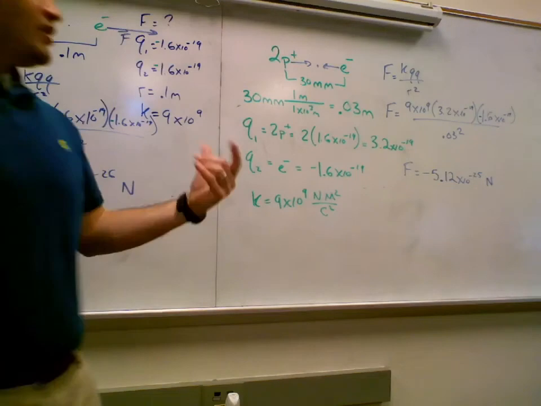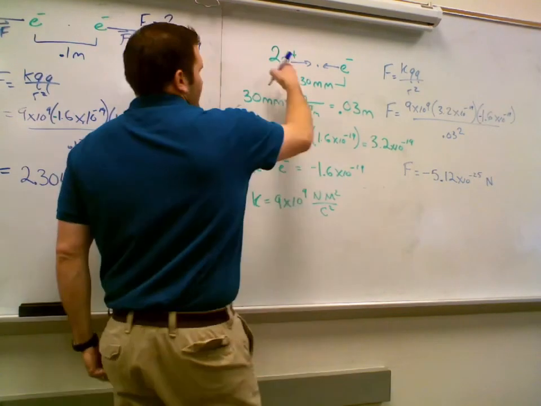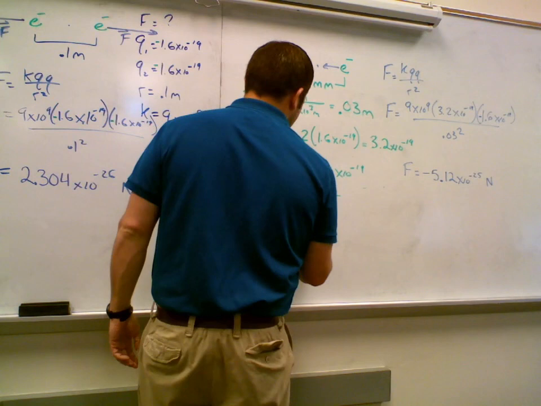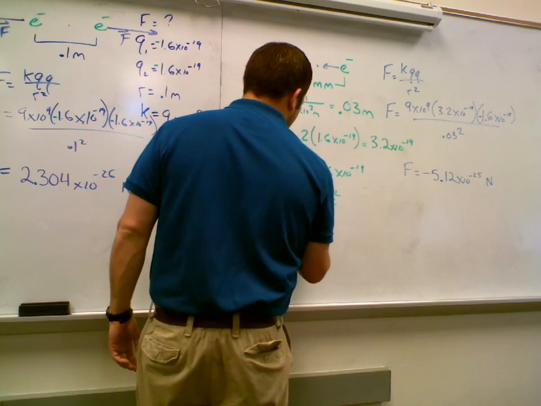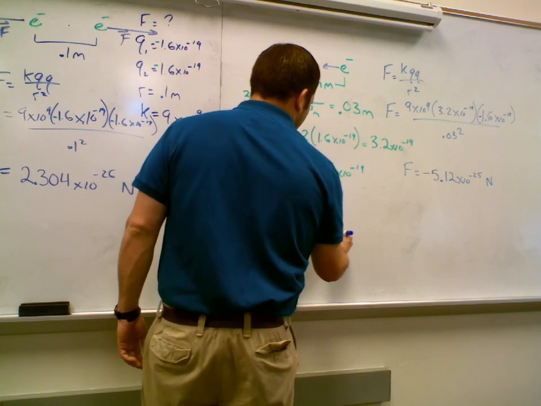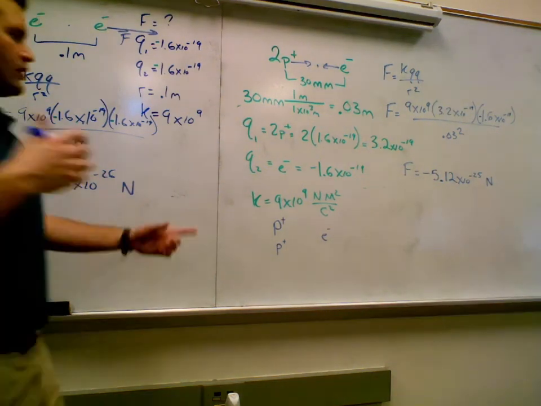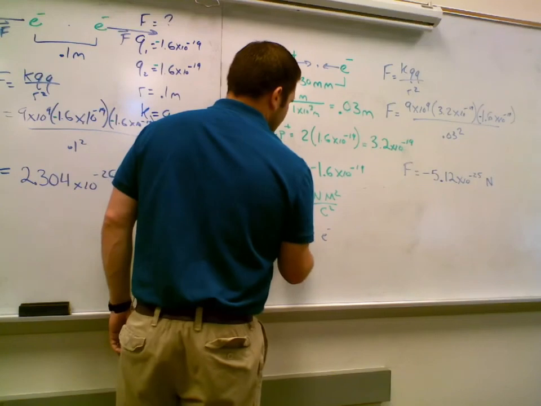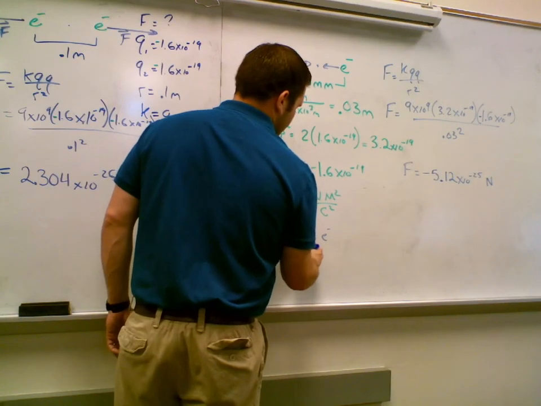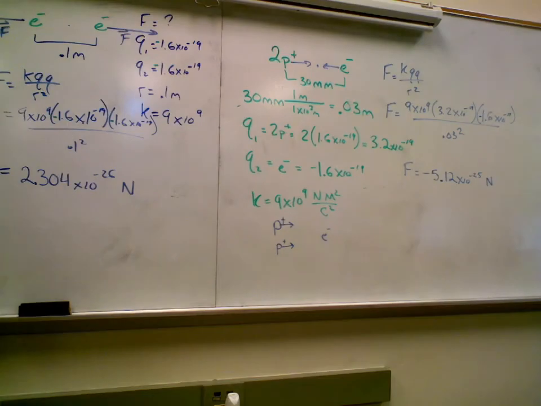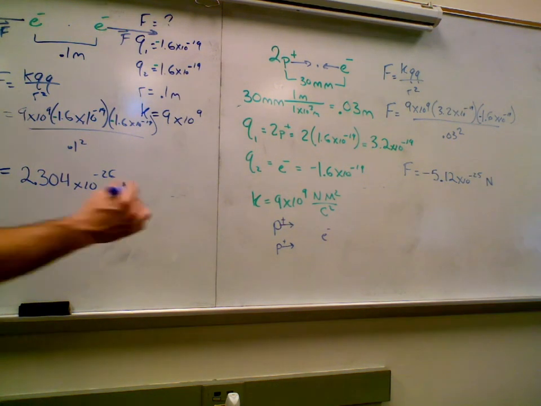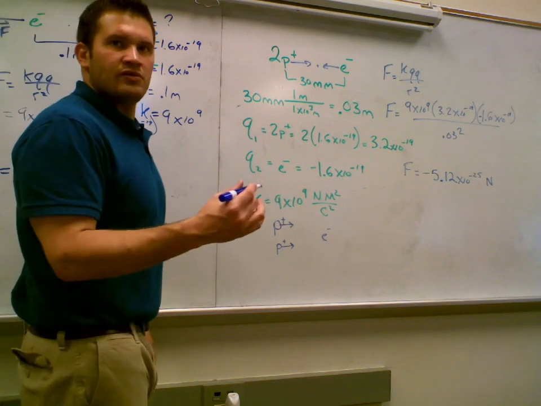You can think about it this way. 2 protons here, one electron. The electron pulls on each proton with a little bit towards it. The protons also pull on the electron.